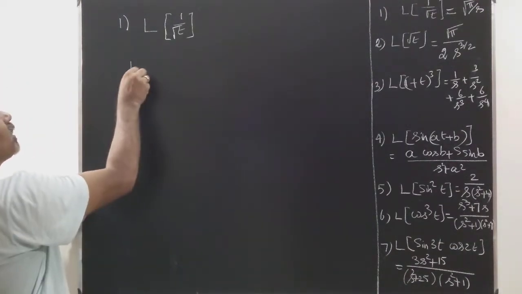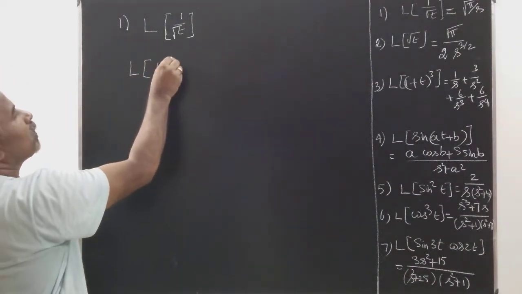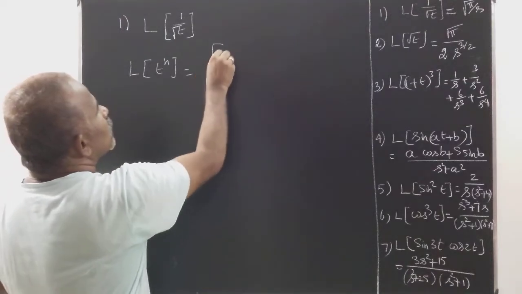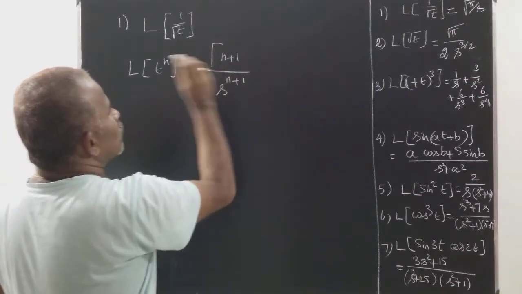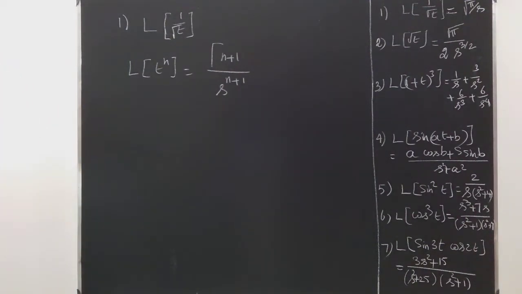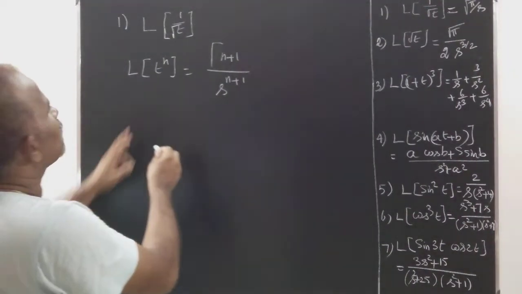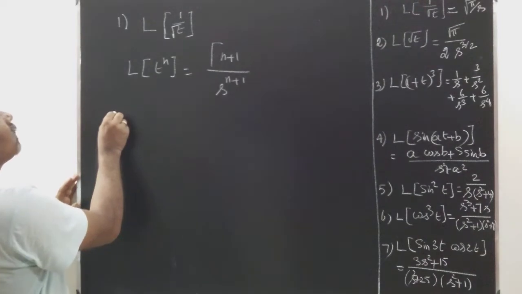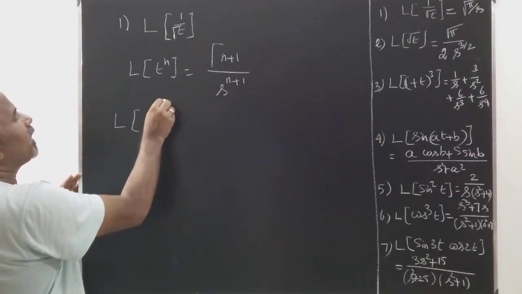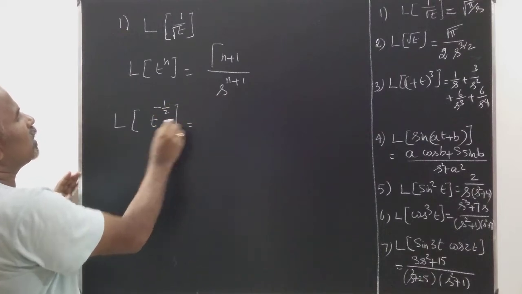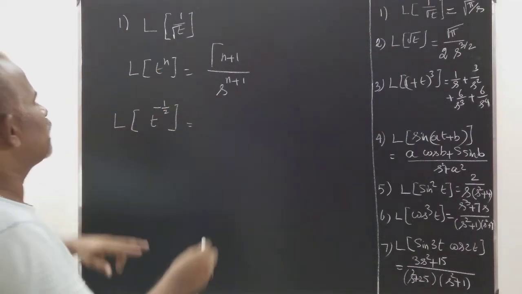We know that Laplace transformation of t power n is equal to gamma n plus 1 divided by s power n plus 1. Here, Laplace transformation of t power minus 1 by 2. Here n is equal to minus 1 by 2.